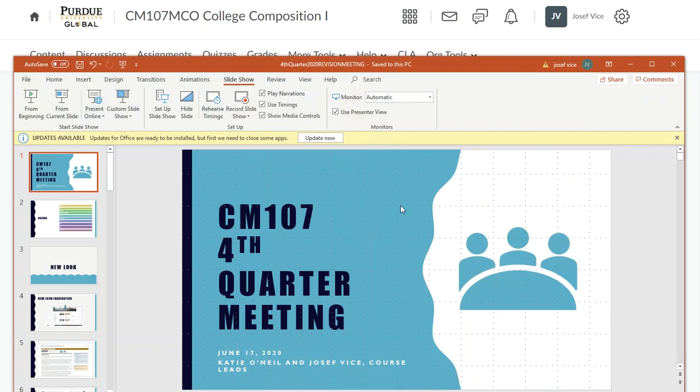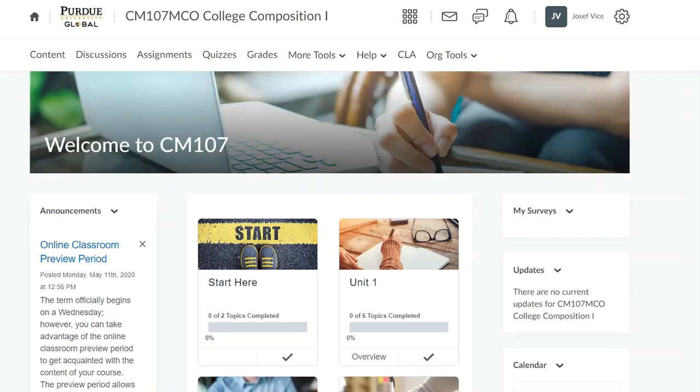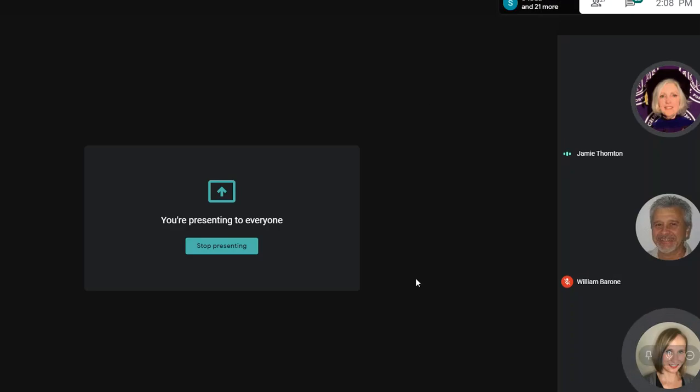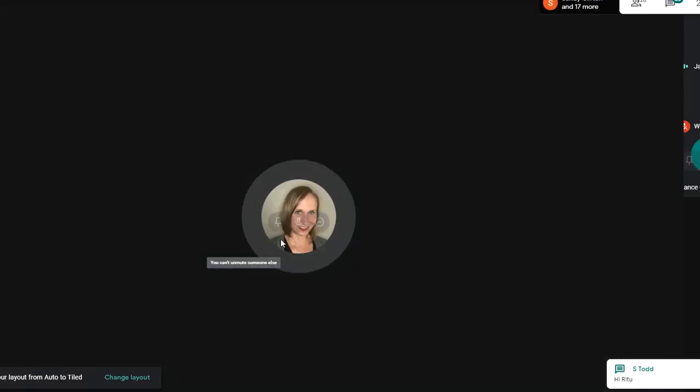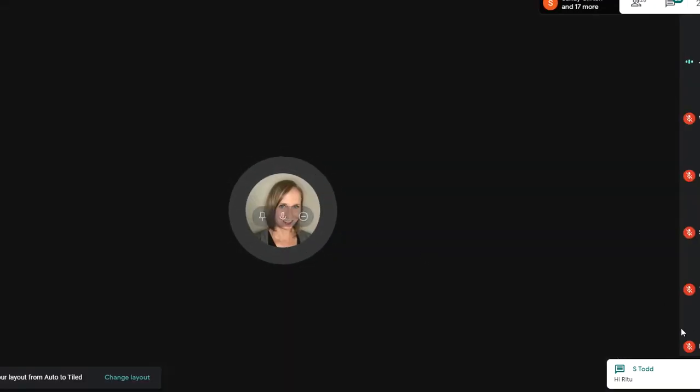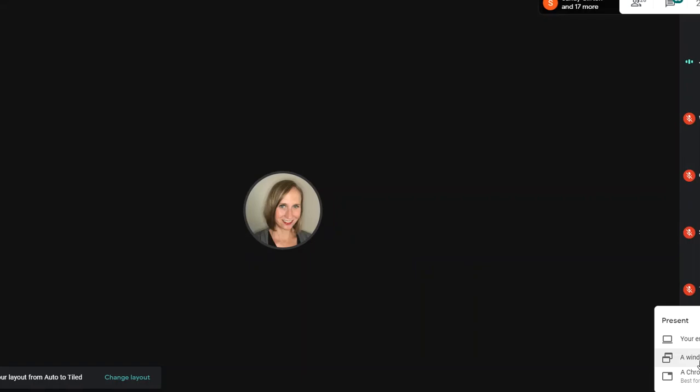And while you're getting that ready, so yeah, I think as everyone's noticed, it's much more visually appealing, and these slight changes make it a little bit easier to navigate. Thematically, you're going to see a lot of similarities to our current version of CM 107 in that we're looking at reading, writing, and research skills.